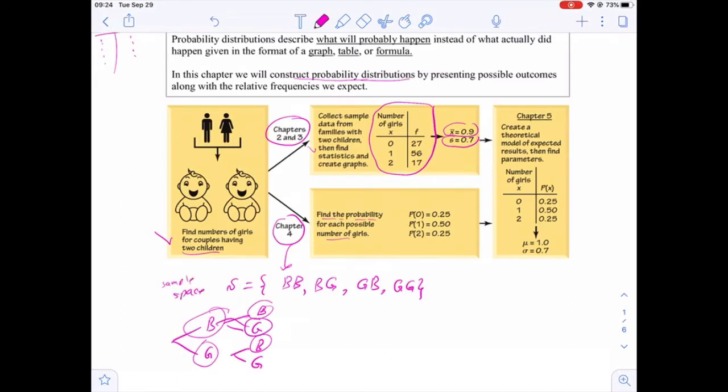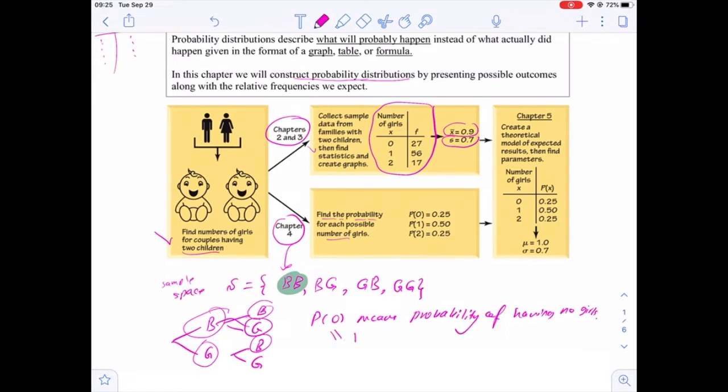After finding the sample space, it becomes very easy to find probabilities. Now here we have some events. For example, the probability of 0 means the probability of having no girls. No girls means only this outcome, boy, boy.